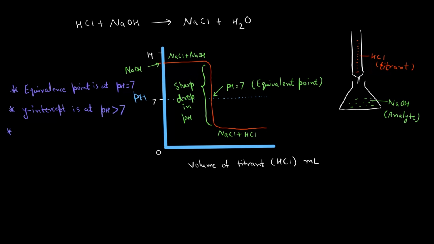Then we saw a sharp drop in pH. Then what else? We have the flattening of the curve at pH less than 7. So this was the titration curve of a strong acid with a strong base, when our base was the analyte and our acid was the titrant.